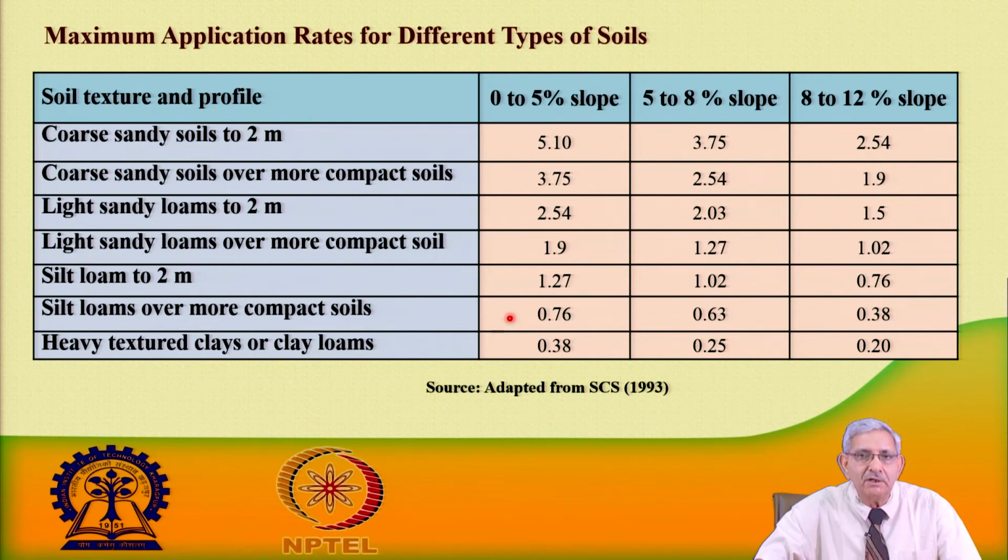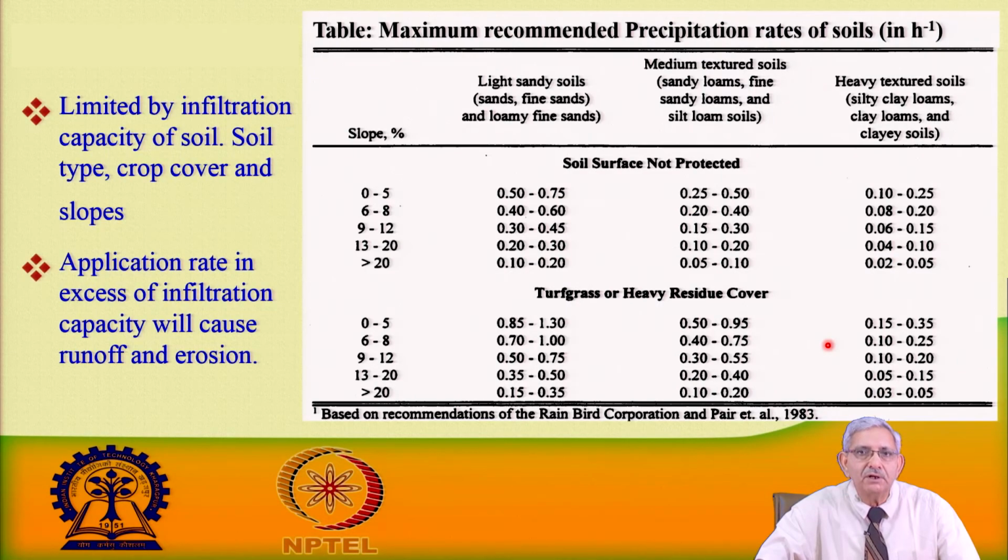It is explained here that while we are selecting a particular application rate, we need to see what the application rate is. Here another table has been provided. The slope is one part, and also the type of soil, and then the land surface.